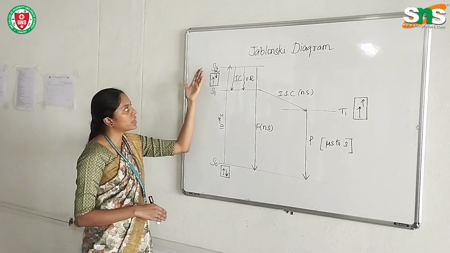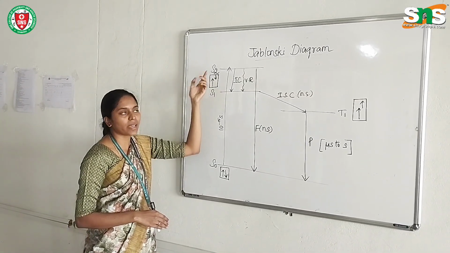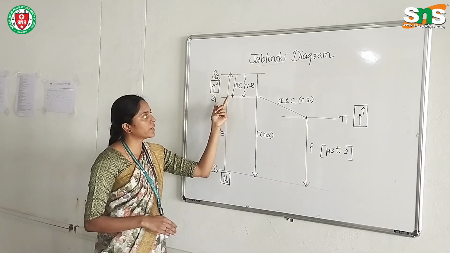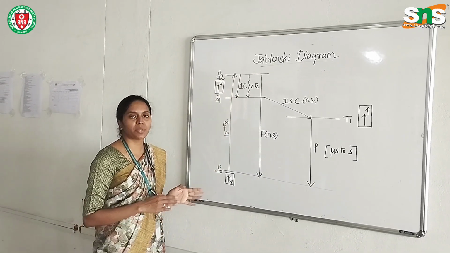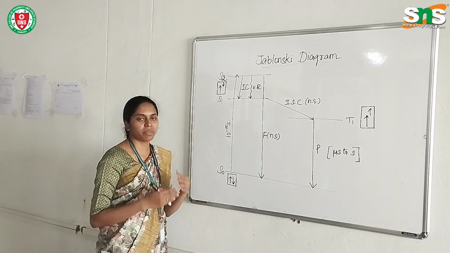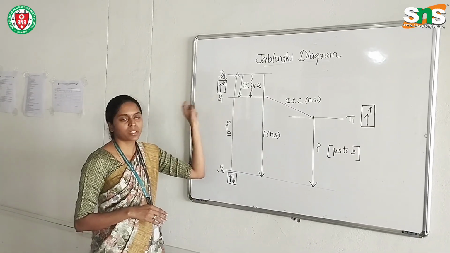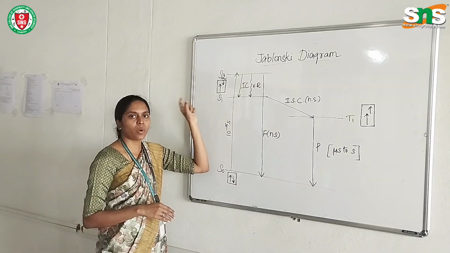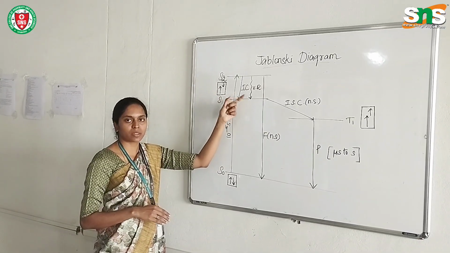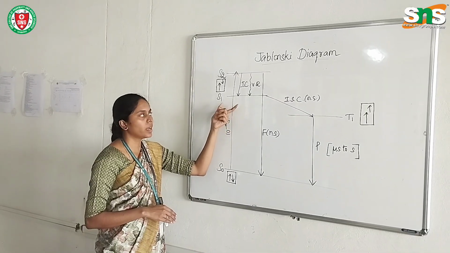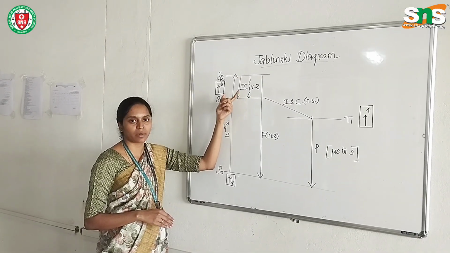The electrons present in S2 will move to S1. That is called internal conversion. This happens within one molecule, because the molecules undergo some vibrational relaxation or collisional deactivation during the process, and that is the reason behind internal conversion.